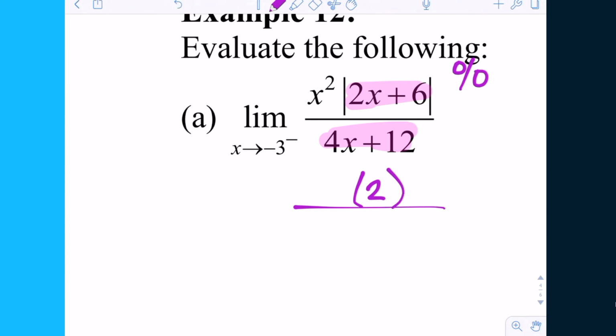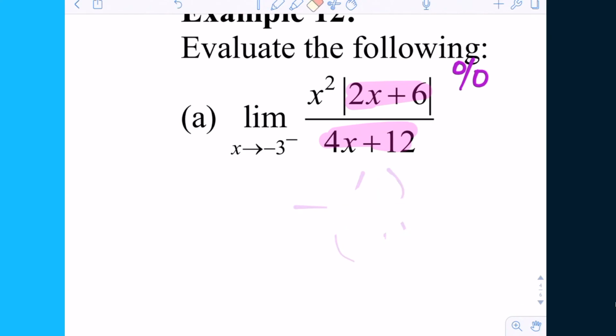All over, plug in the same number there. -4 times 4 is -16 plus 12 is -4. Now, what do I plug into x squared? Do I plug in my -4 as well? Or do we plug in the -3? You plug in the -3.